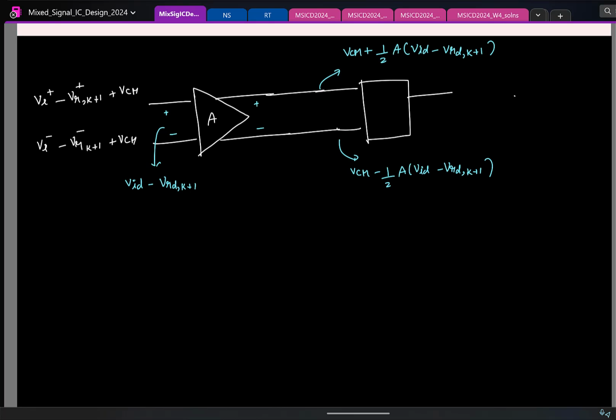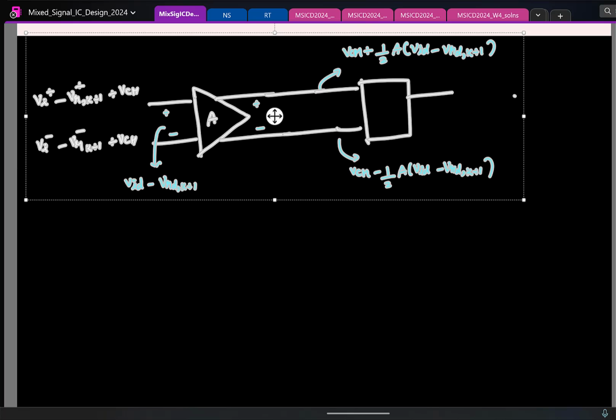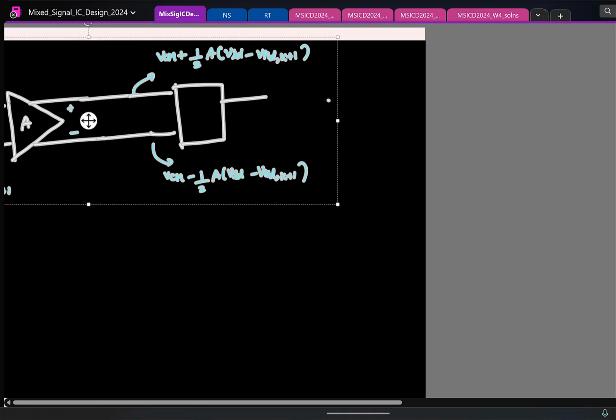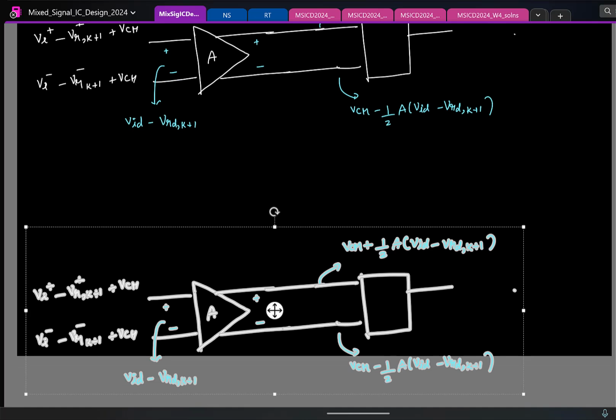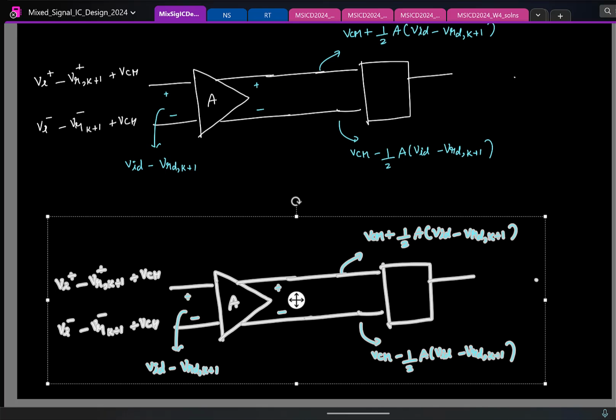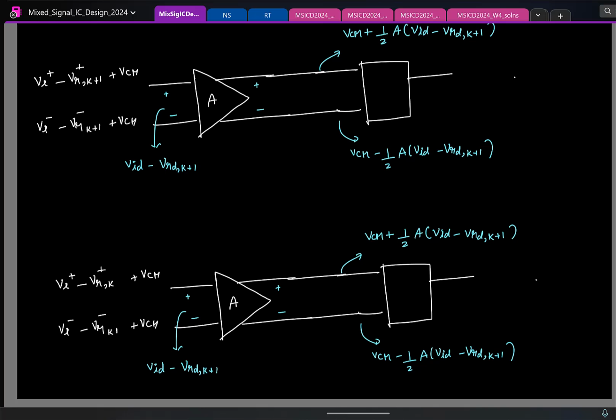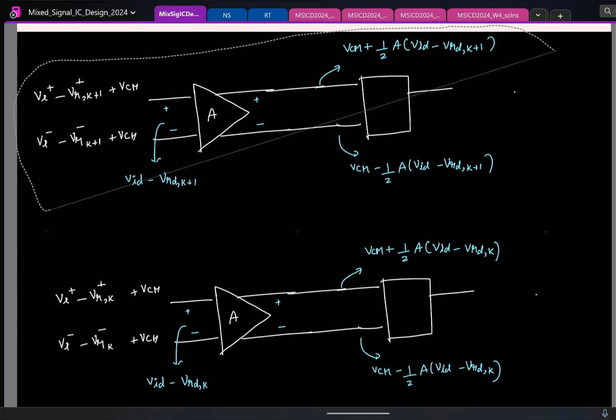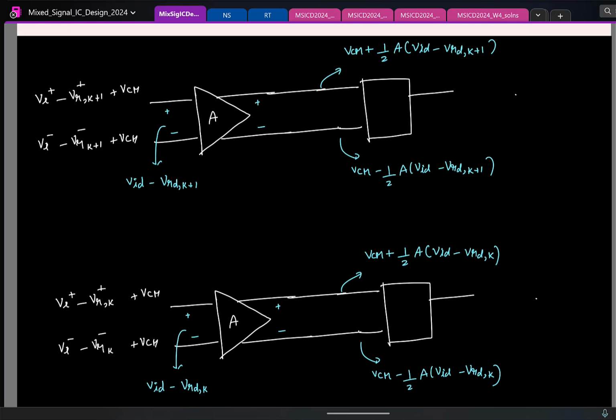I'm just splitting the differential component: half of it comes here, negative half comes here, with some DC bias at the output. I'll have the same thing for the kth branch also, so I'll just replace everything by k. This is what I'll have. Let's see if I can make some more space.